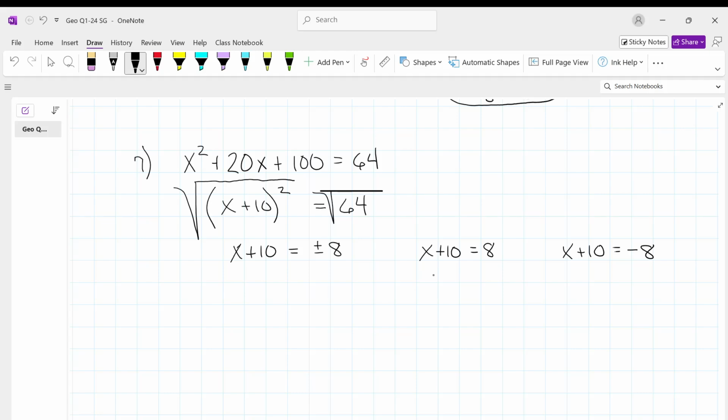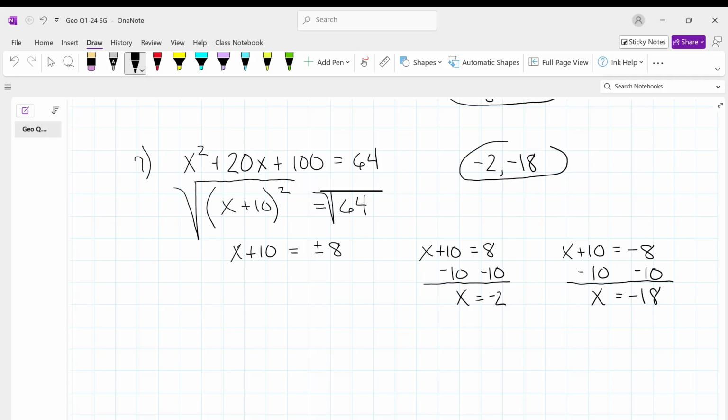Solve both of those. We get an x equal to negative 2, and an x equal to negative 18. So the solutions are negative 2, negative 18.